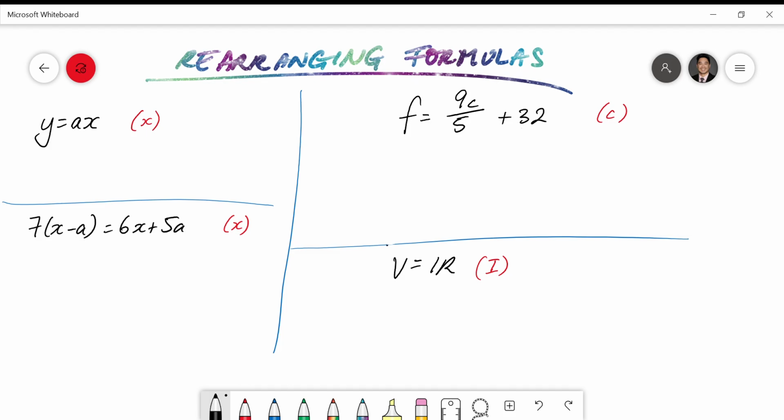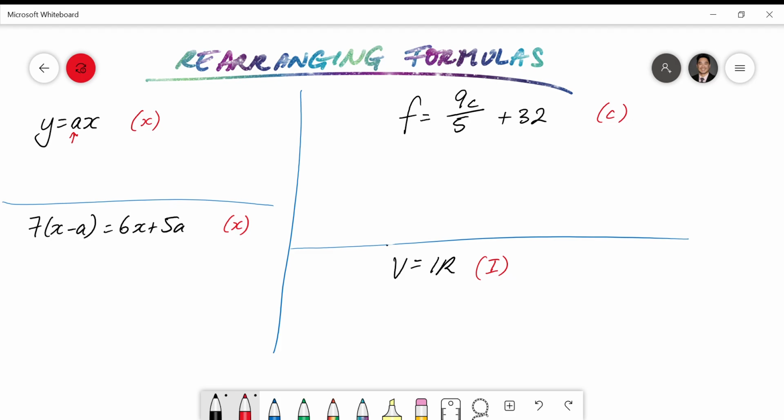We'll start with the top left corner, because y equals ax, and we want to rearrange it so we know what x is equal to. To get x on its own, we need to eliminate the a.